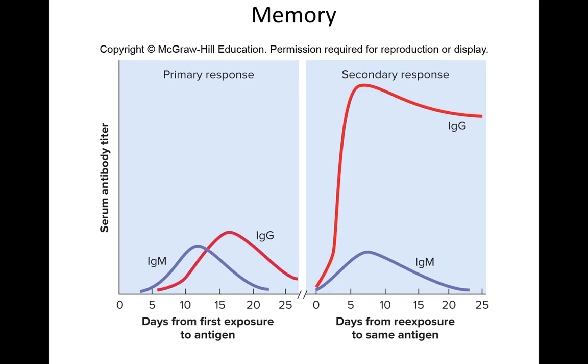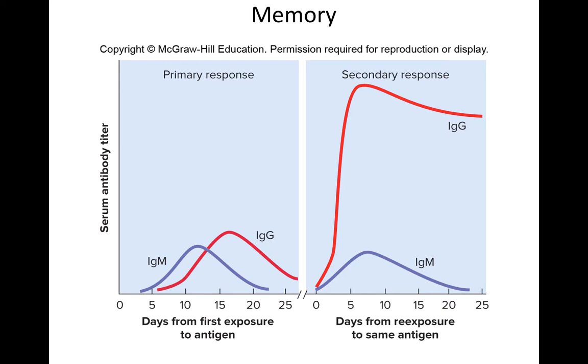So the more times you see an antigen, the stronger your immune system becomes against it. So that's the concept of memory. That's what that pre-authorizing is for. It's so that when you see it the next time, you get an immediate, very strong response.